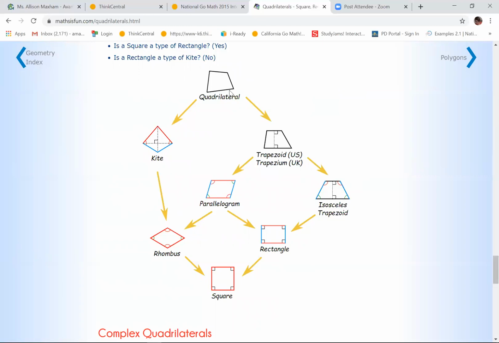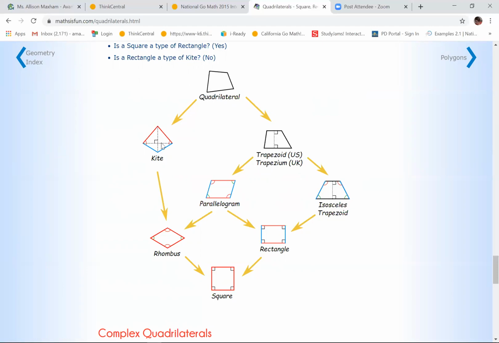So the quadrilateral is at the top, and it's going down and down. This would be kind of like the producer, right? Except in the food web, the producer's at the bottom. But everything here is a quadrilateral.